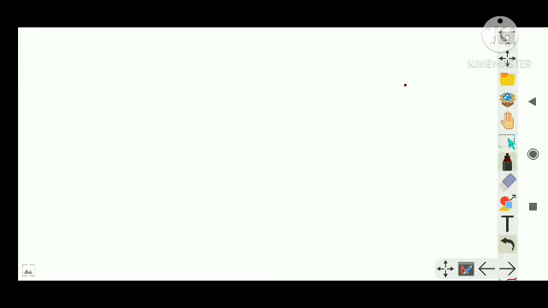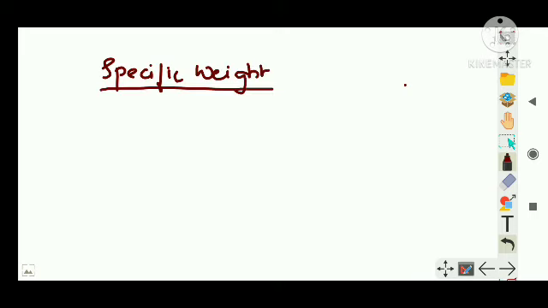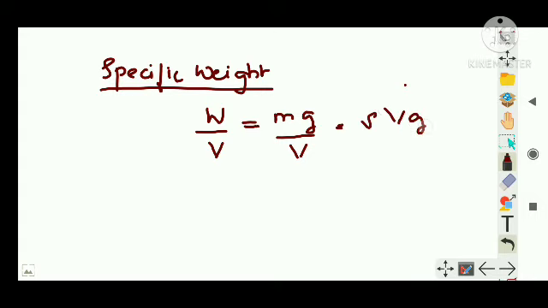Now the next section is specific weight, the term which you have to learn. It is defined as the ratio of the weight of a substance to its own volume. So weight I can write as mg divided by V. So m can be written as rho, density, into volume into g, divided by volume.